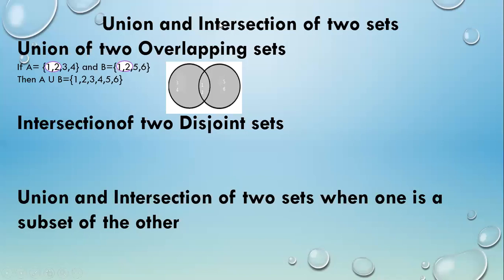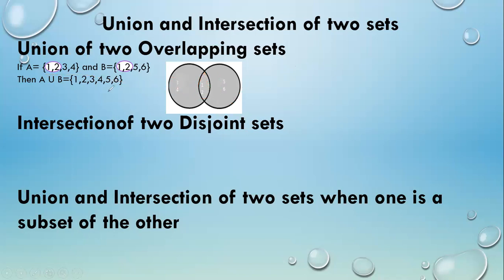Please look at the diagram carefully, I'm describing it properly. 1, 2 are the common elements in both sets, so we mention them in the overlapping part. Now the remaining elements of set A must be written here, and the remaining elements of set B are written here, right?